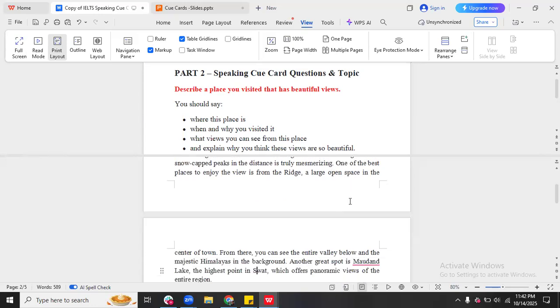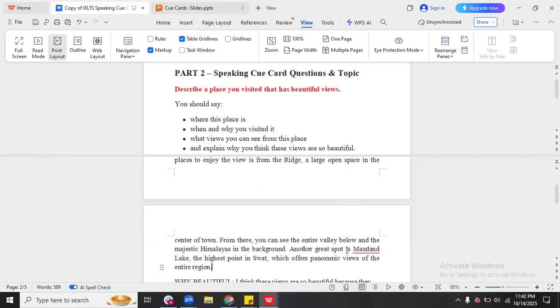The Himalayas are there, or if you know any significant points such as Bahrain, Malam Jabba, or any such spots, a mountain lake, it's just an example. You can include it. Otherwise, just talk about the general things. It's totally fine when you are answering what views you can see.